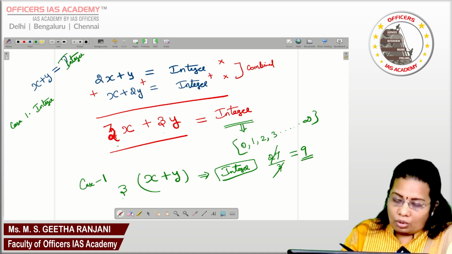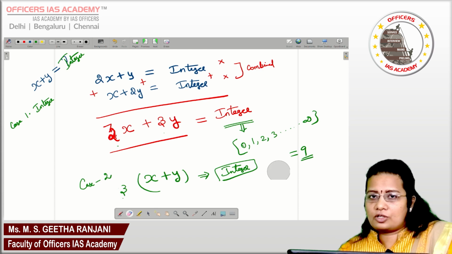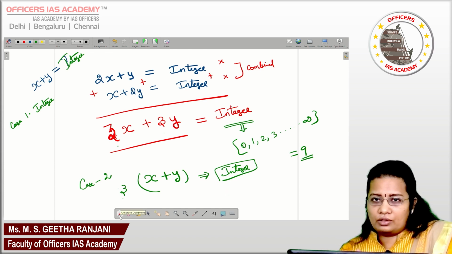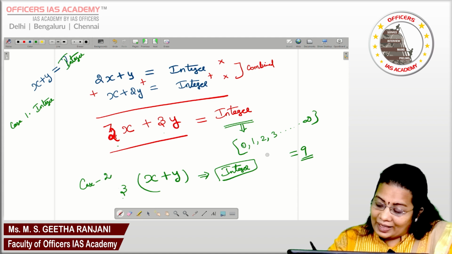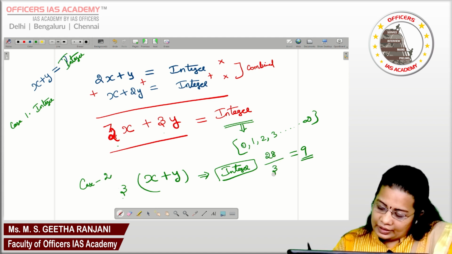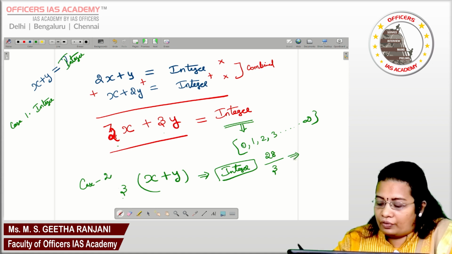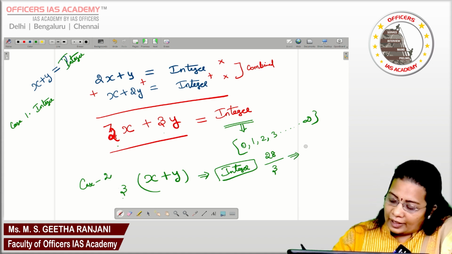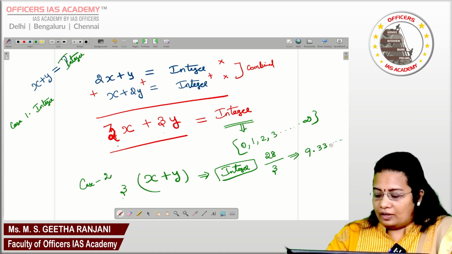Another case, we can try with some other number which is not a multiple of 3, because initially I had taken a multiple of 3, so I got a natural number. So here I have taken the next number, 28, divided by 3. Definitely I will not get an integer. Divided by 3 will give the decimal value: 9 times 3 is 27, remaining 1, so 9.333, a recurring decimal.